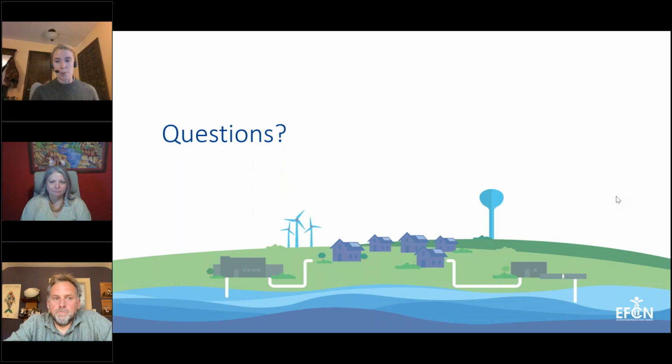Our last webinar is recorded and available online. Wherever you went to register for this webinar, the EFCN website has previous recorded webinars from the series available. And again, that webinar was on equity issues.